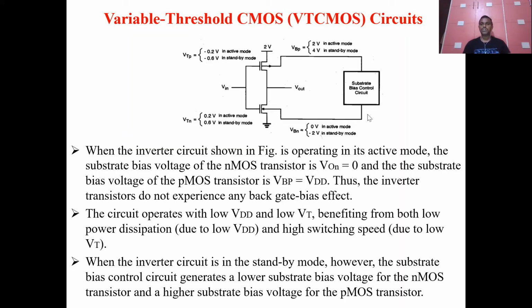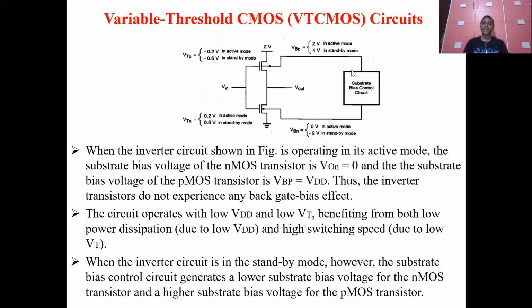Okay, so because of this substrate bias control, we are applying substrate bias equal to 0 here and 0 here, so that we can operate the power supply VDD at lower values and reduce the power consumption. Okay, so this is variable threshold CMOS. Why is it called variable threshold CMOS?